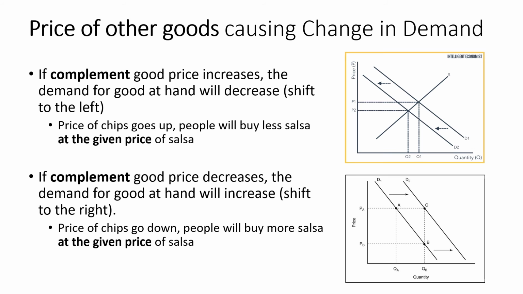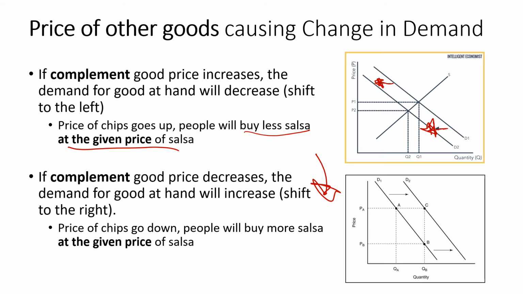A complement good works in the opposite way. If the price of the complement good goes up, people will buy less of the good at hand. So for example, if we're talking about chips and salsa, the price of chips goes up, people will buy less salsa at the given price of salsa. So the curve will shift to the left. Vice versa, if the complement good price decreases, so if the price of chips decreases, everybody might go out and buy chips, or might go out and buy salsa because chips are so cheap.